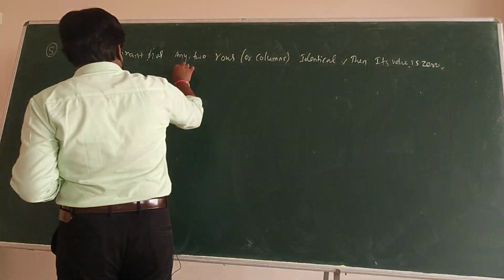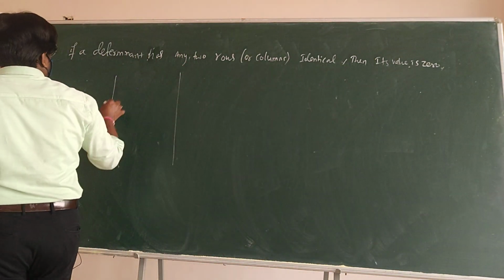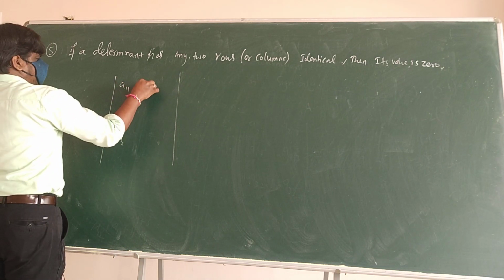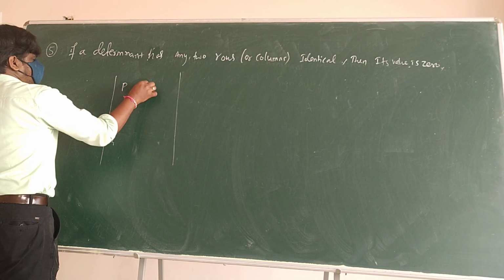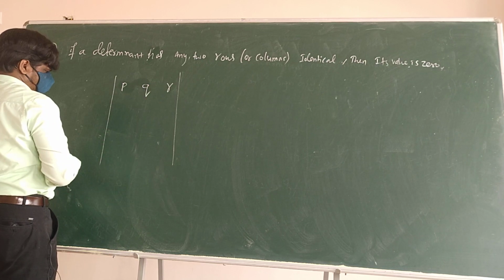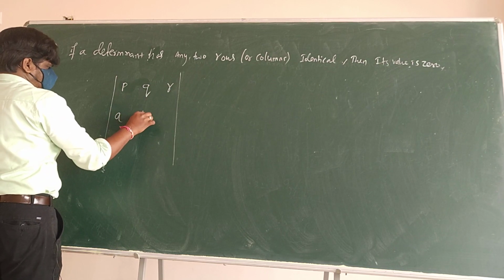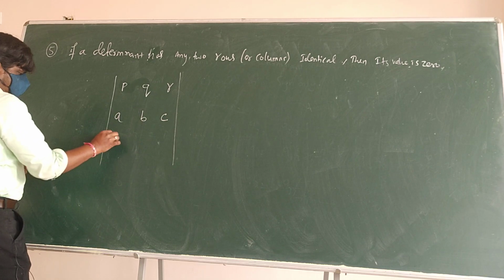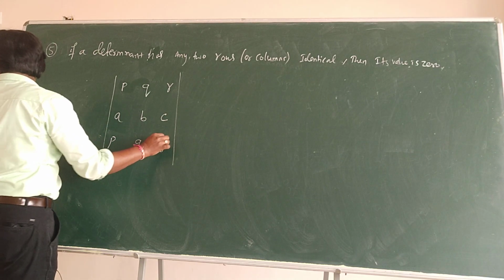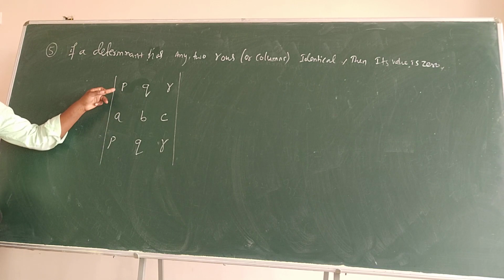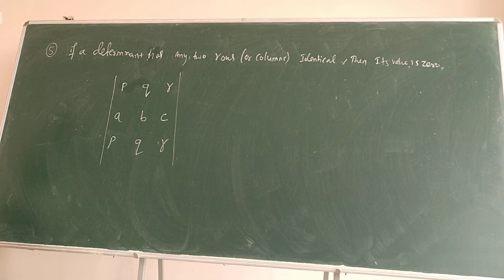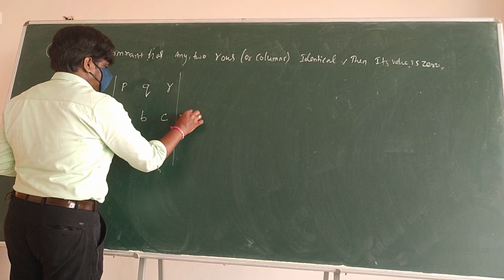See here, what is the meaning of this? Suppose you have a determinant. A11, okay, I take like this. P, Q, R, A, B, C, P, Q, R. Now see this one. These two rows are identical. So no need to calculate this one, directly this is 0.